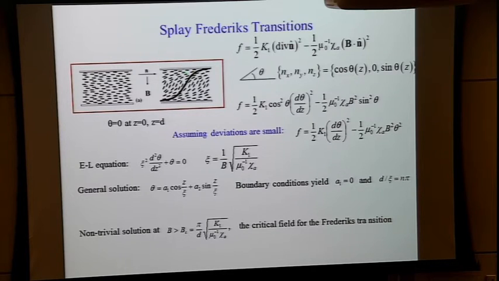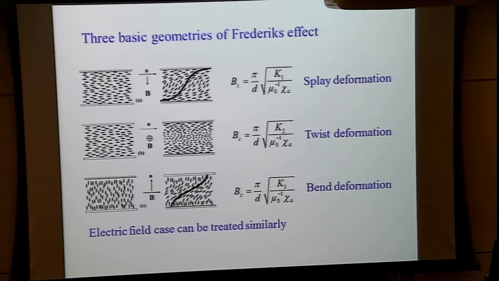And since you have the boundary conditions, and one of those is that at the boundaries the director continues to be in the same state as before the magnetic field was applied, you arrive at the conclusion that the first non-trivial solution in the form theta equals some coefficient and some function of z would occur when the magnetic field overcomes the elastic resistance, when the magnetic field is higher than some threshold value that is inversely proportional to the thickness of the cell and proportional to the square root of K and inverse diamagnetic anisotropy.